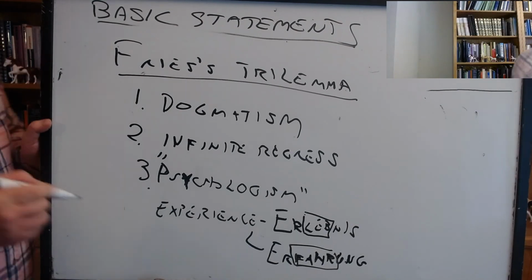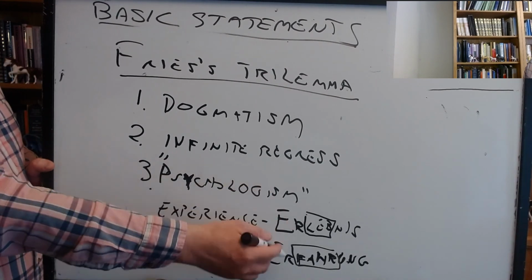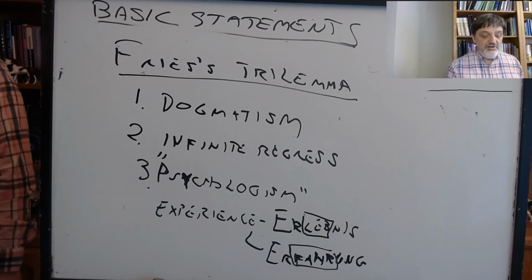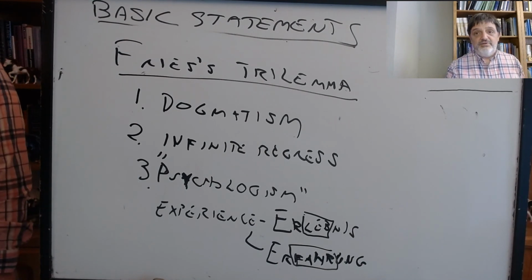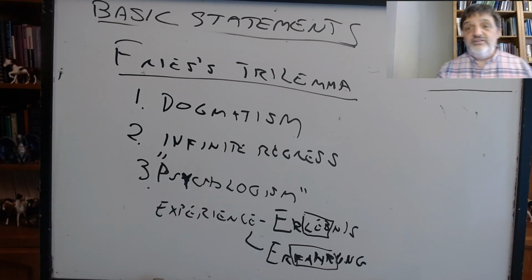So it's often a dilemma, not a trilemma, but a dilemma, how to translate these two things. And Popper apparently decided it was impossible to get a good translation because he just puts experience for both of them.